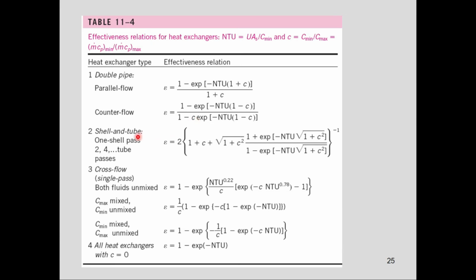And similarly, for the shell and tube heat exchanger, one shell pass and multiples of two tube passes, we can have the relationship for the effectiveness here, right? So this table shows different relationships for the effectiveness of the heat exchanger depending upon their geometries.